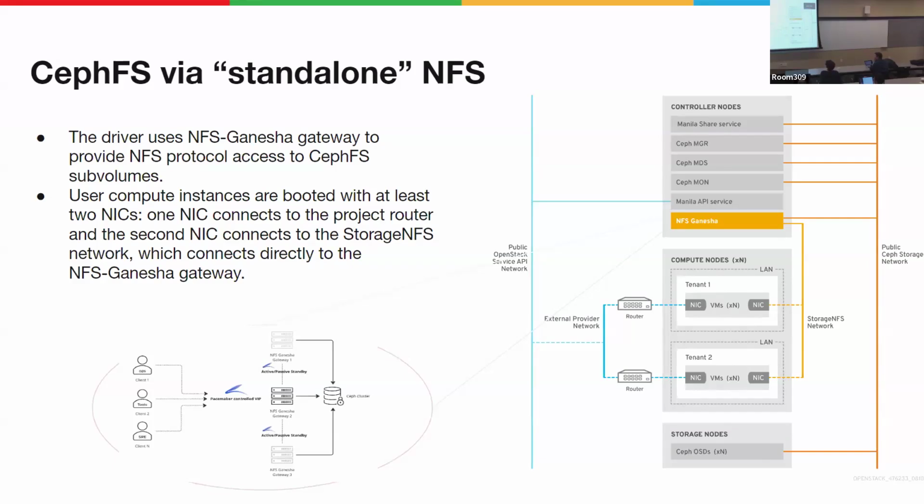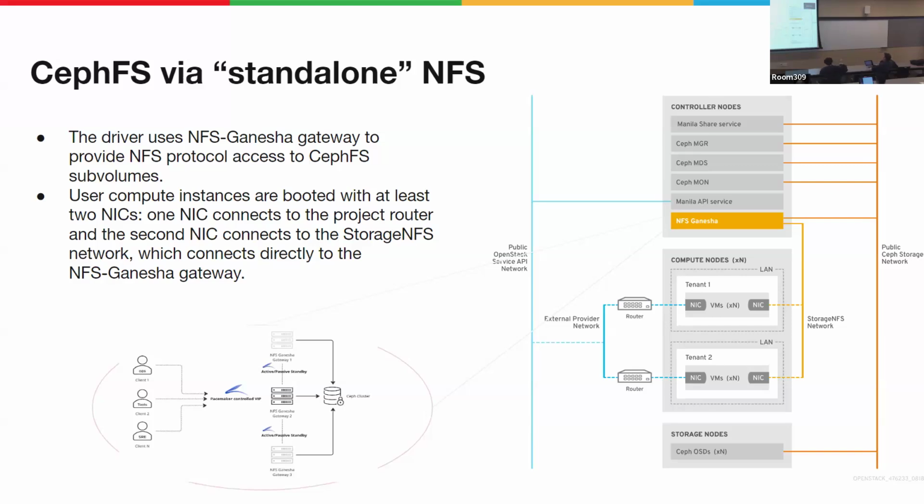One of them connects them to the project router, and the second one to the storage NFS network. That way, users will be able to mount the shares. NFS Ganesha will take care of the exports manipulation in that case.